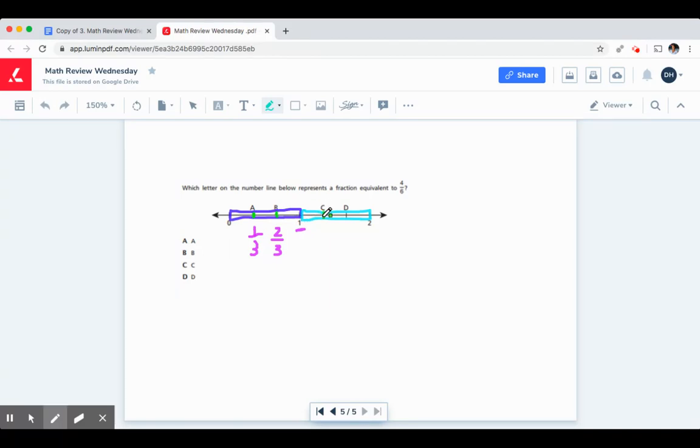Exactly, it would be broken into 3 different parts, meaning that we're counting by thirds. So I want you to tell me, what would I label hatch mark C? Correct, it would be 1 and 1/3.